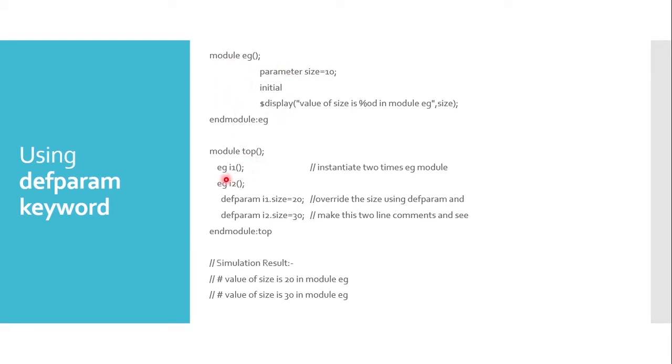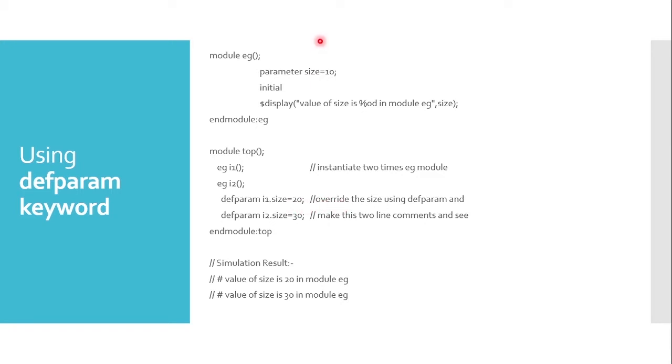Inside that I am instantiating this example module two times, example I1 with empty parenthesis, and example I2 with empty parenthesis, and using the keyword defparam, I1.size equal to 20.